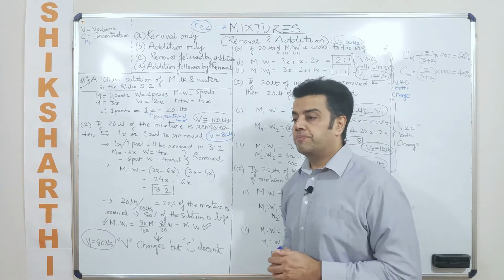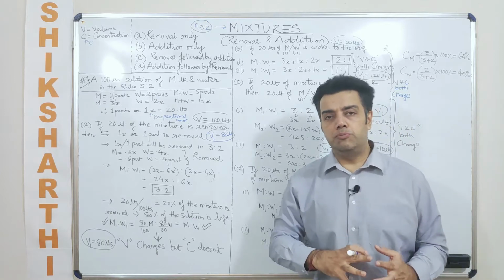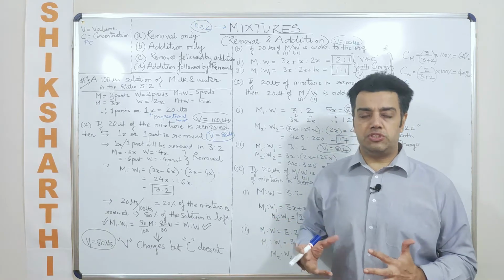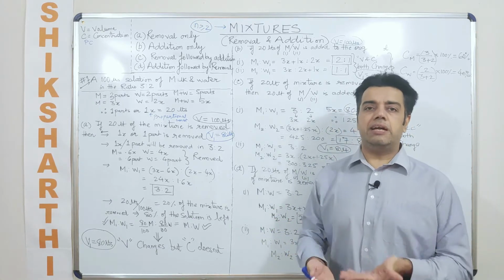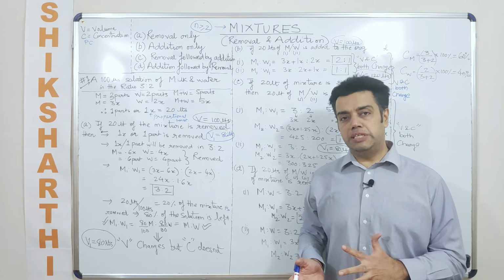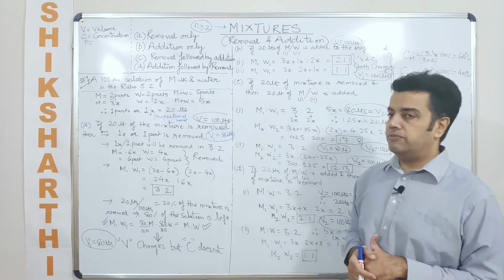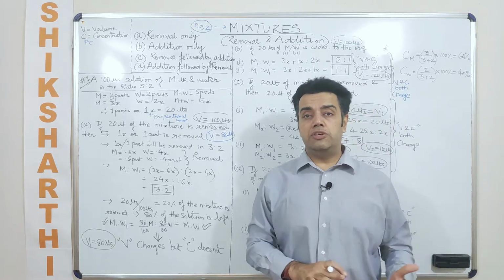Now what is case C? In case C, first we are removing a certain volume of the mixture, and thereafter we are adding either of the ingredients originally present in the mixture. This is followed by the last case, in which we are adding either of the ingredients.